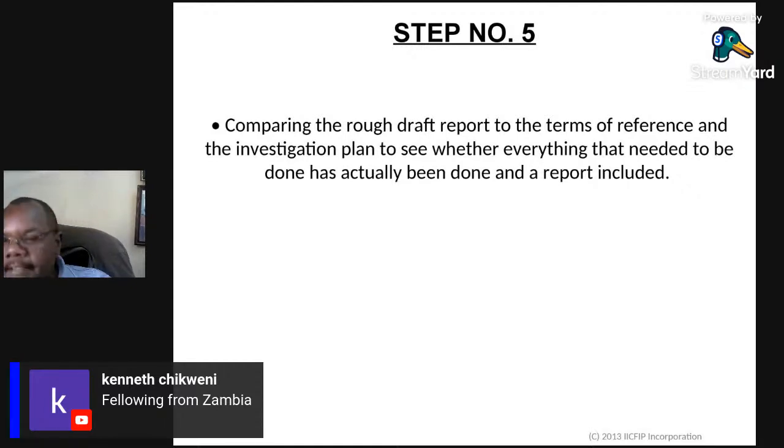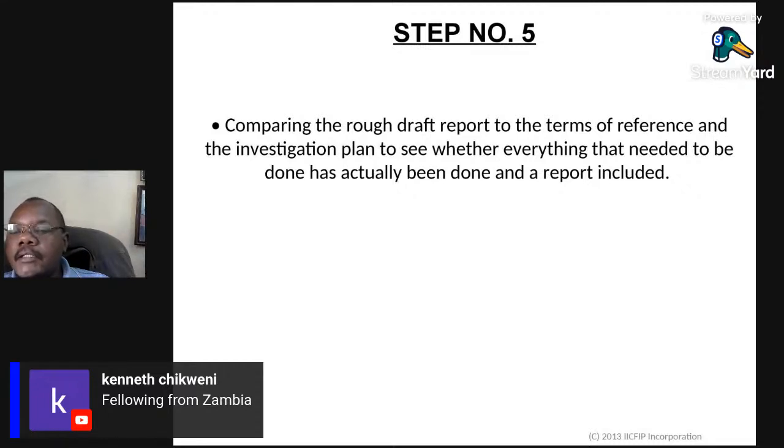If something is discovered at this stage not to have been done, then that area must be examined thoroughly and a report included, so that we have a revised rough draft of the report. Number six, re-examination.